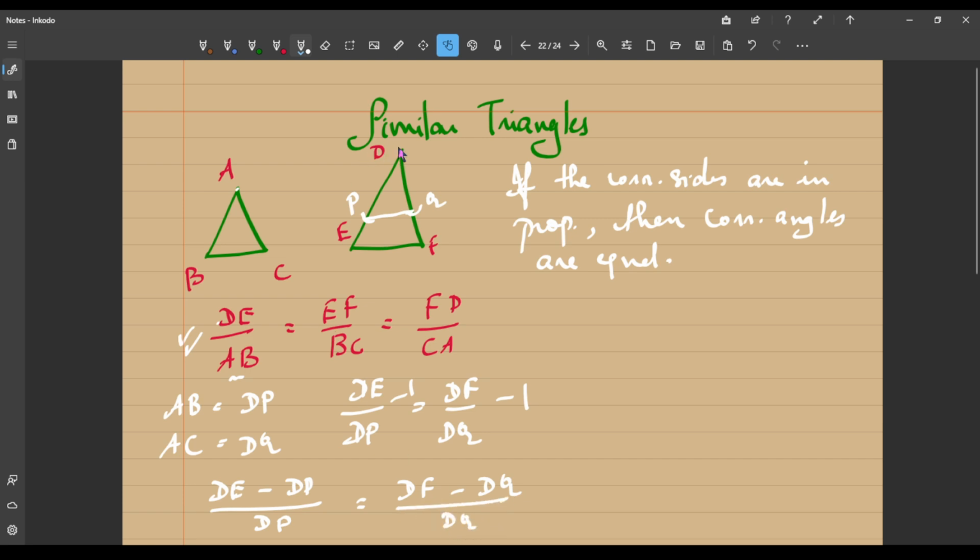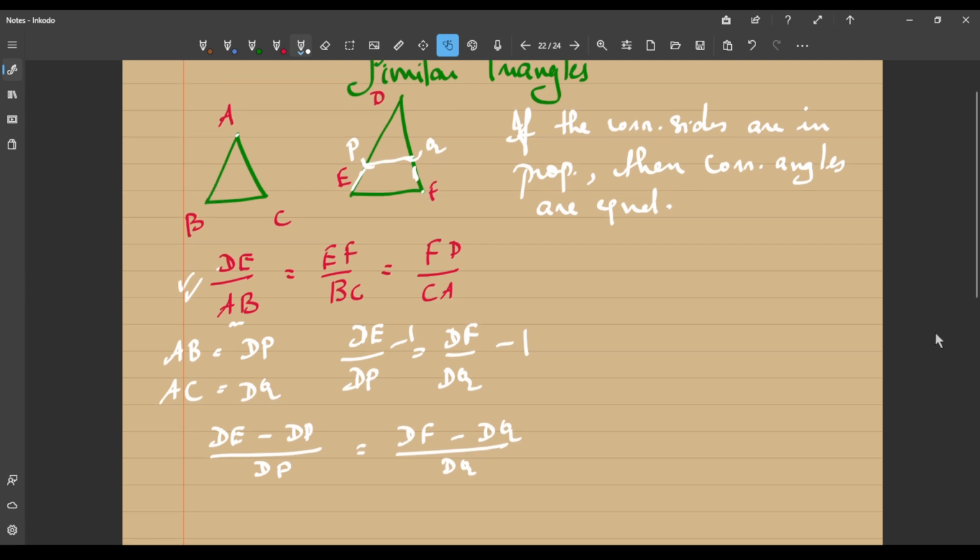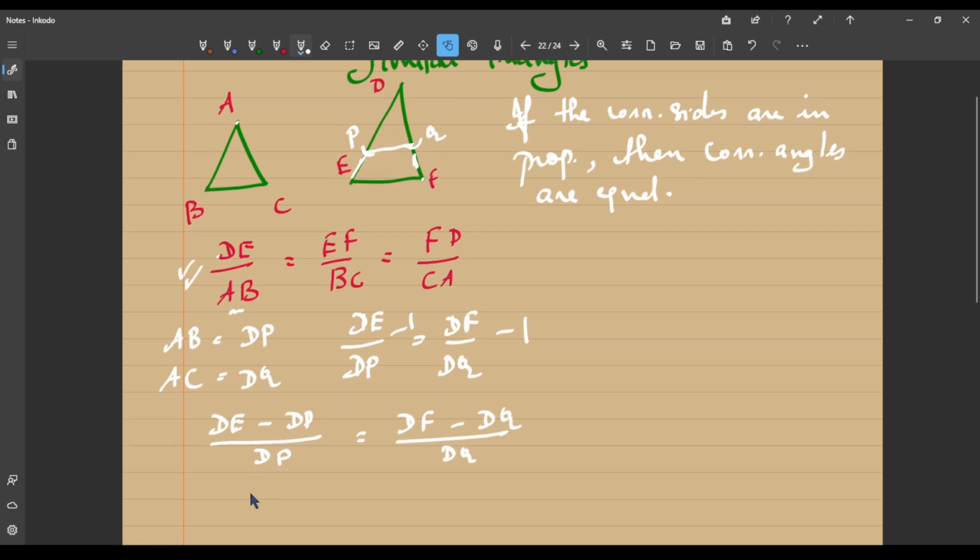Now look at DE minus DP, you've got PE, right? DE minus DP is PE, and similarly the other numerator, DF minus DQ is QF. So I think we got what we wanted. We wanted a ratio between these two and we got it. We now have PE by DP is equal to QF by DQ.